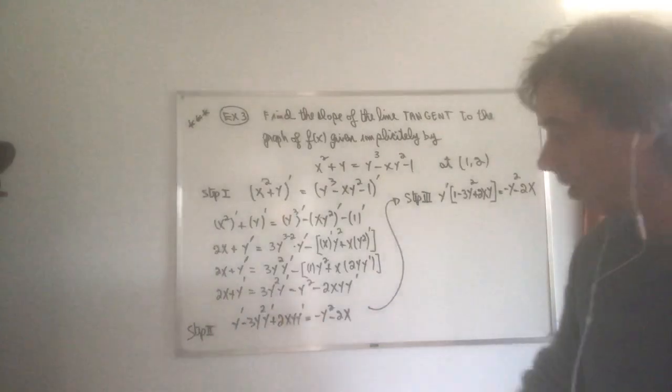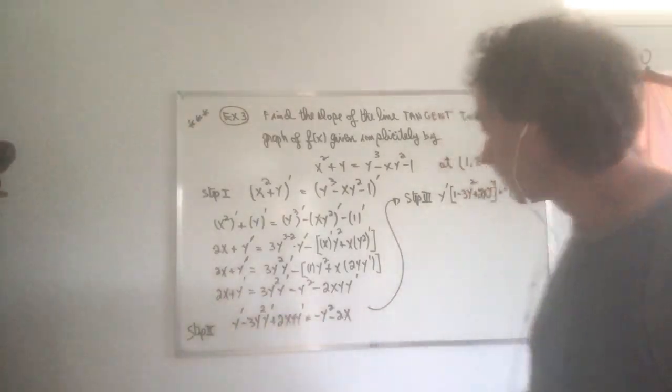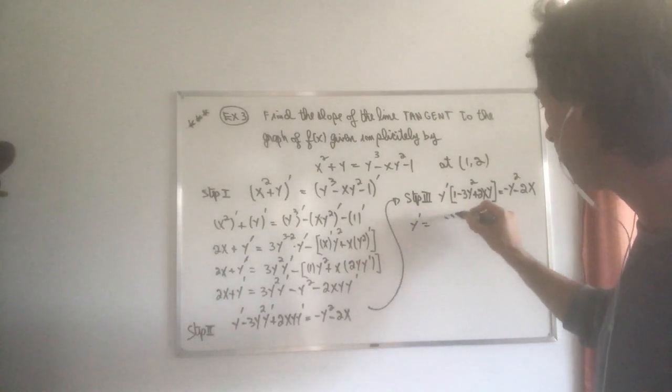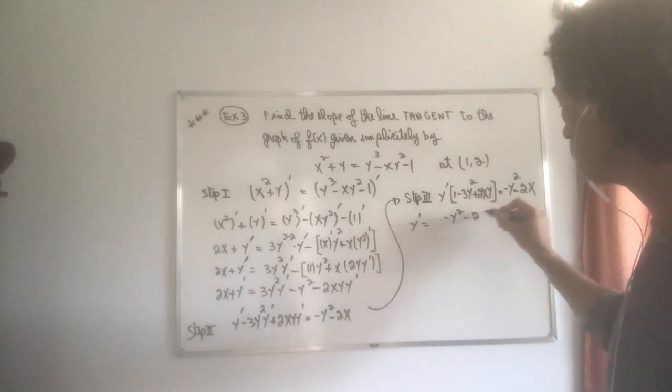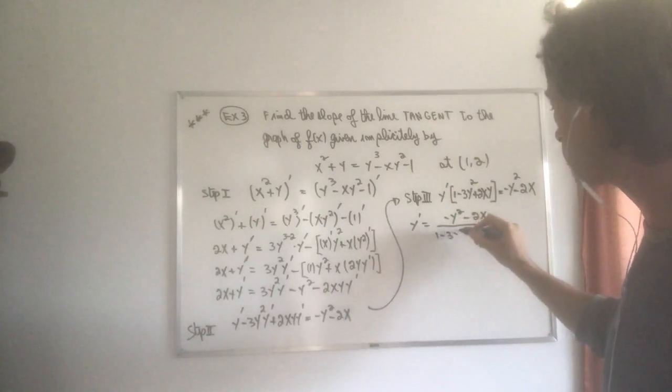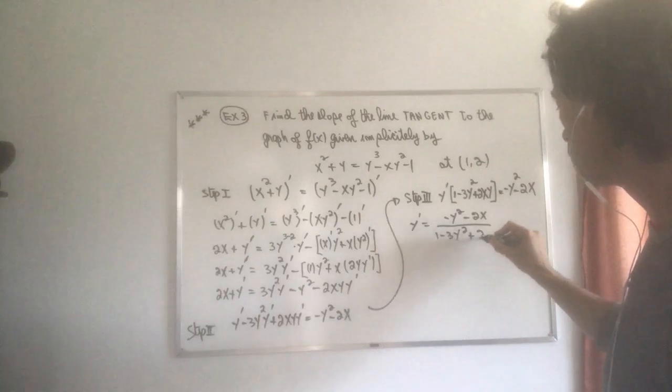So taking out the y prime is easy, it's simple factoring. And now we divide both sides and we have y prime equals minus y squared minus 2x, all of that over 1 minus 3y squared plus 2xy.